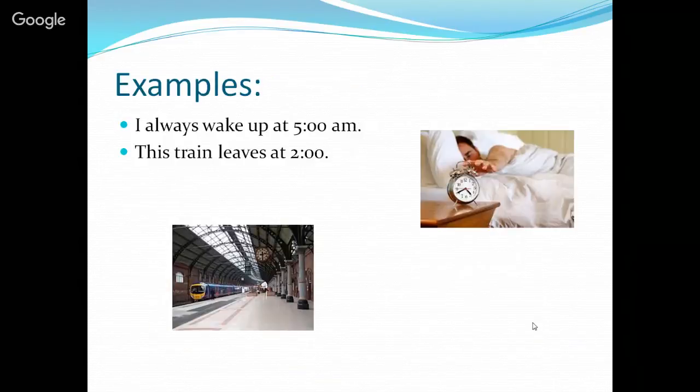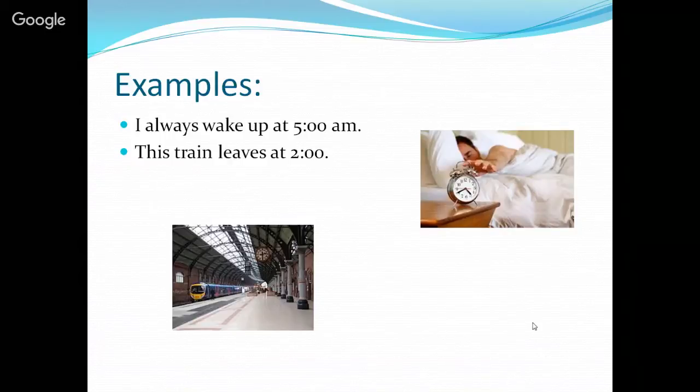Some examples are, I always wake up at 5 o'clock in the morning. In this case, I'm telling my daily routine. That means that almost every day I wake up at 5 o'clock a.m. This is a part of my routine.